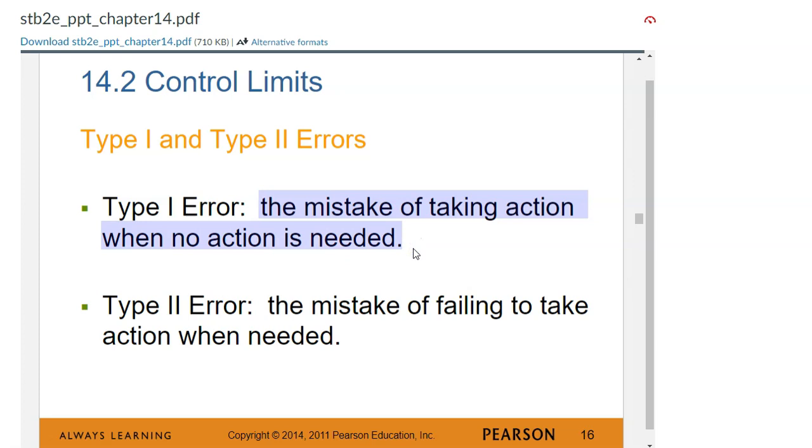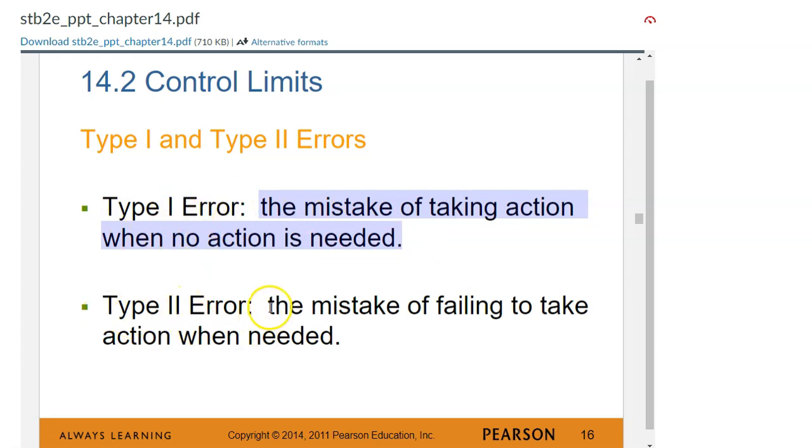Taking action means changing a system that is working correctly. The system is in control, right? All of those cases are taken care of, but we make a decision that it's not working properly, and we stop it or we change the process. That's type 1 error.